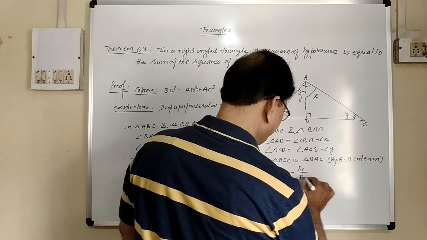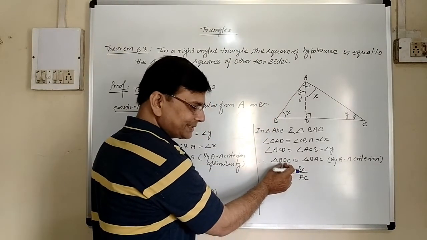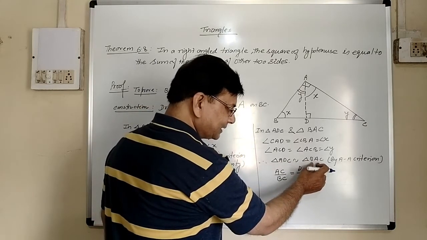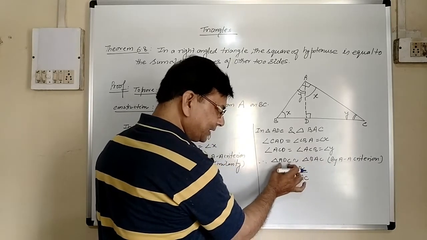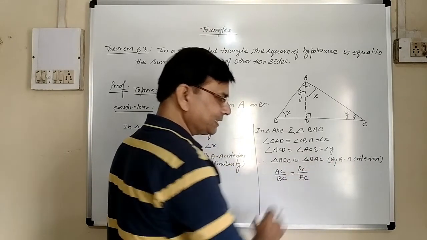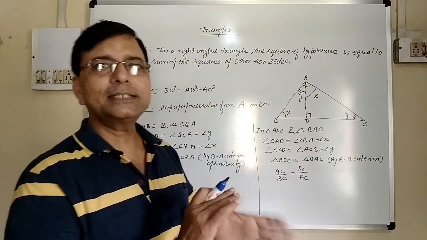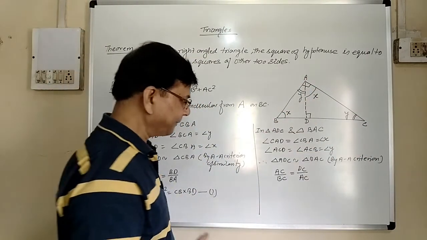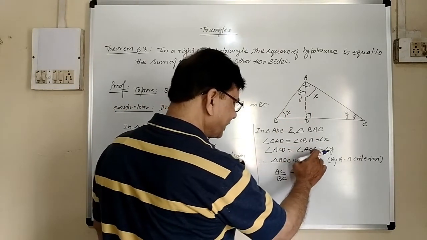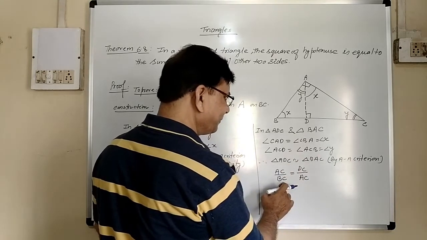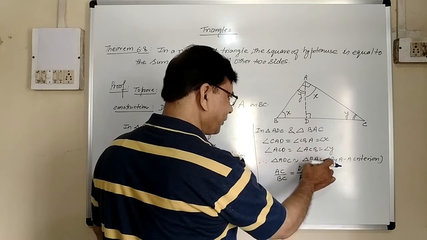Since we want AC square, we see AC in this relation.